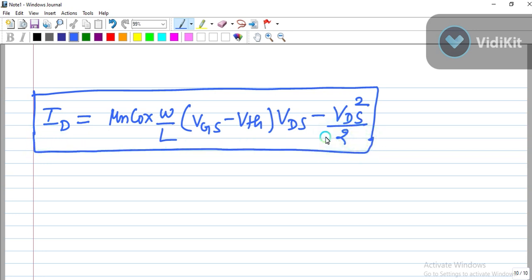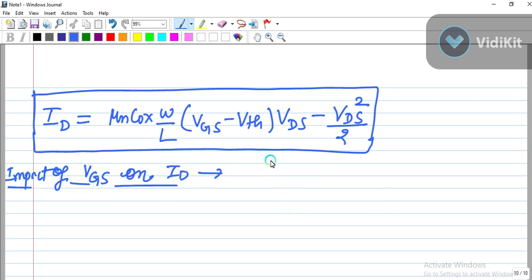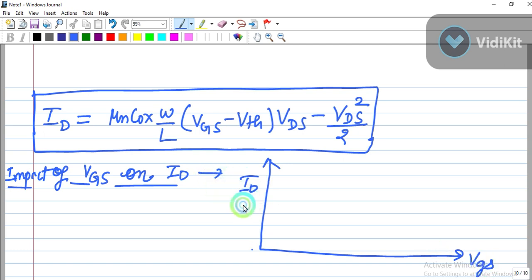Easy. It is very easy. Now let's see the impact of VGS on ID. So let's make a graph. This is VGS and this is ID. So when VGS is equal to 0, what will be the ID? It will be 0.